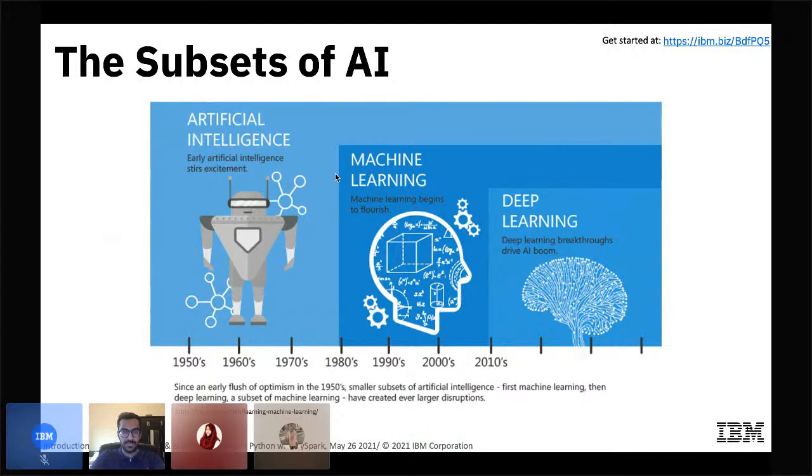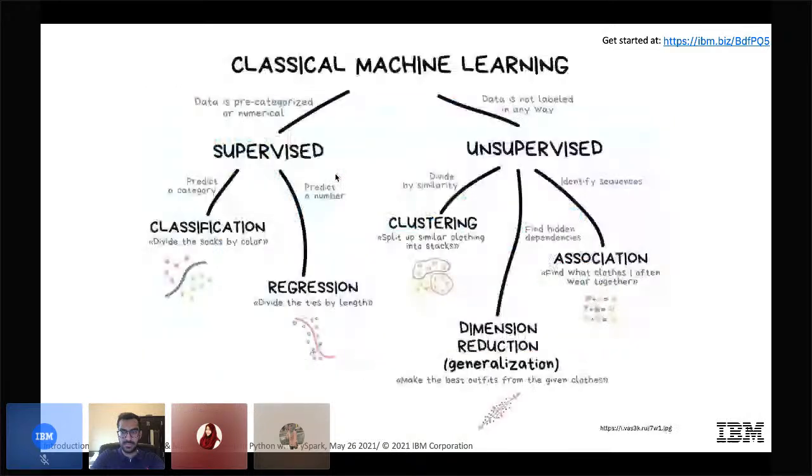So now coming to the different types of machine learning techniques within the field of machine learning, we have supervised and unsupervised. The difference between these two techniques is that in supervised learning, the algorithm learns on a labeled data set.